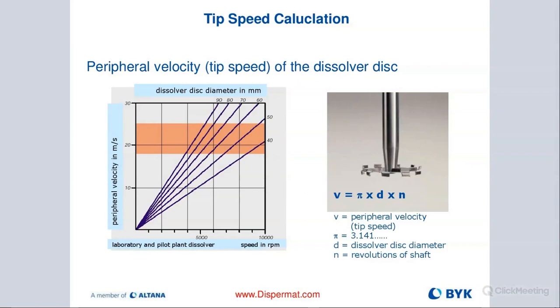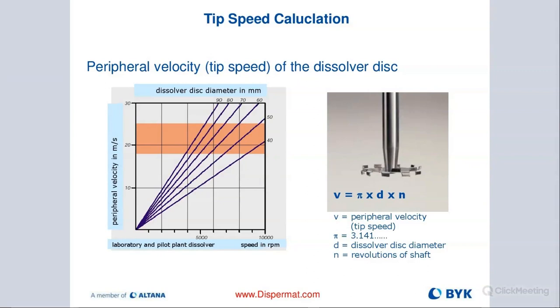The other really critical part, what we discussed earlier, is always the tip speed. Tip speed is always calculated as the RPMs, times the diameter of your dispersing blade, times pi. If you want to calculate meters per second, you divide everything by 60, but you would calculate the dispersing blade in meters.